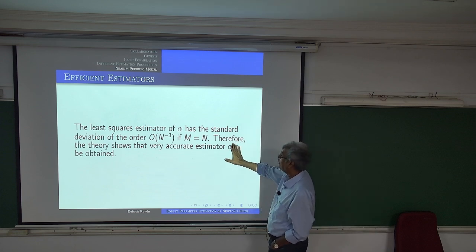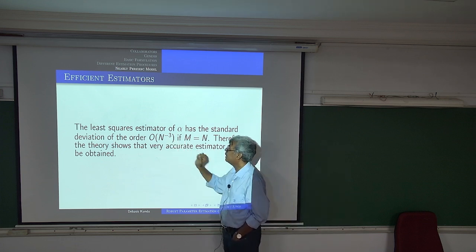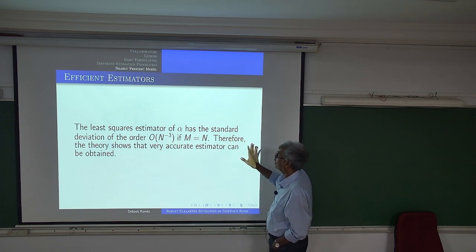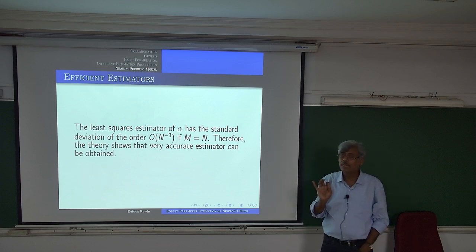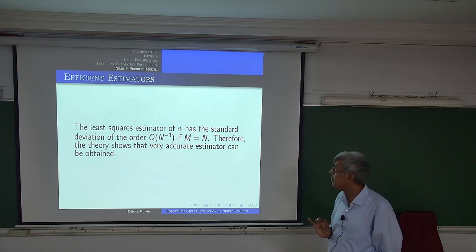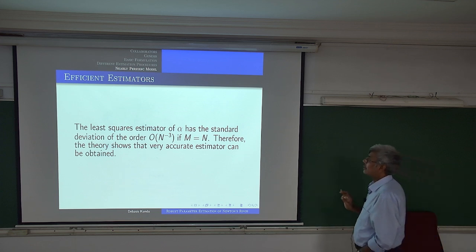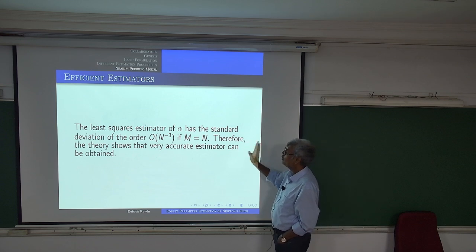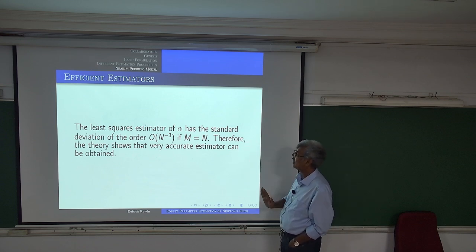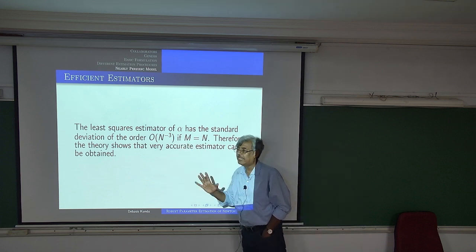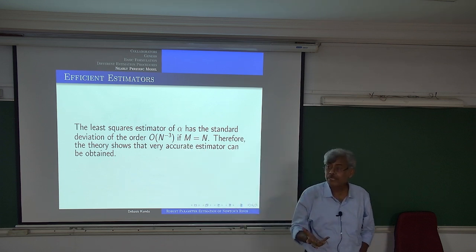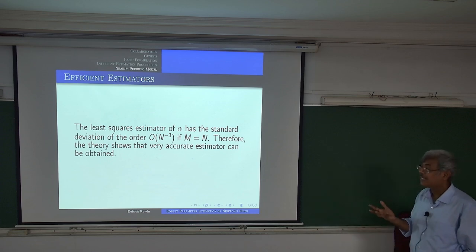The reason is that, as you can see here, the standard deviation of that alpha is of the order of n to the power minus 3. So theoretically it shows that you should get a very accurate estimator.